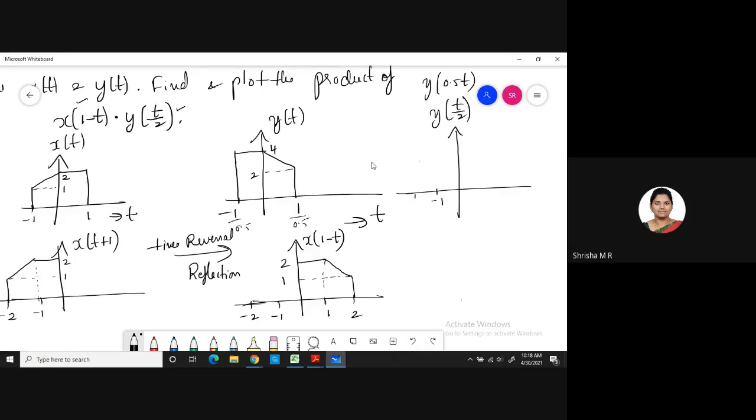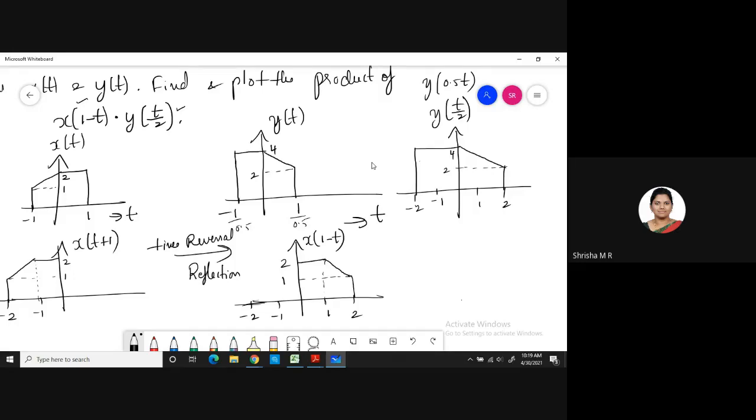I have minus 1, minus 2 here, 1 and 2. So the amplitude here is 4. Okay, so what is the amplitude at 1? 3. Okay, the amplitude at 1 is 3.